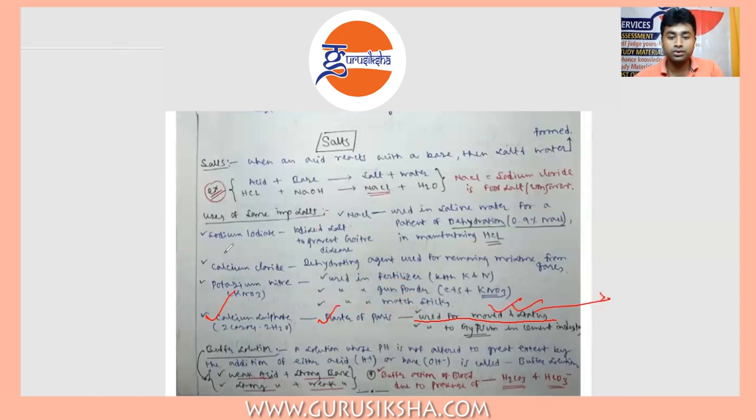What is the number two usage of plaster of Paris? The second usage is that calcium sulfate or plaster of Paris is used as gypsum, which is used in the cement industry.